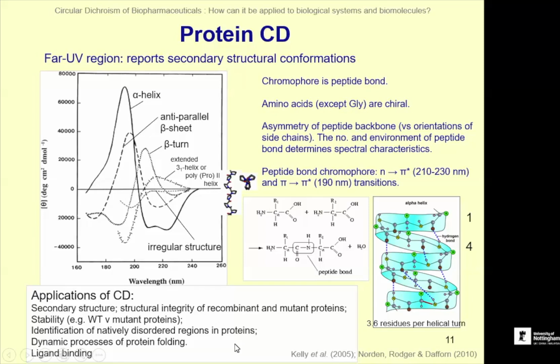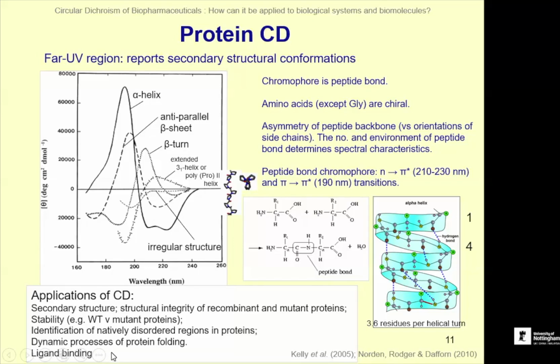You can look at protein folding, so you can start with a spectrum that's along the zero line, and as you initiate a folding process in the protein, you'll see it acquire its secondary structure with time, and you can examine that folding process.